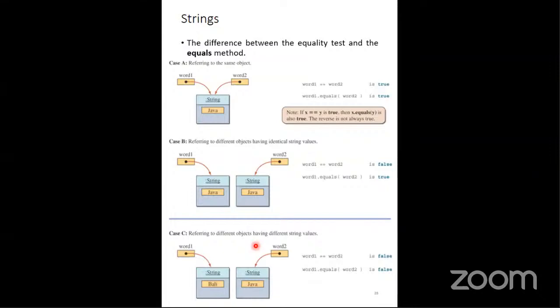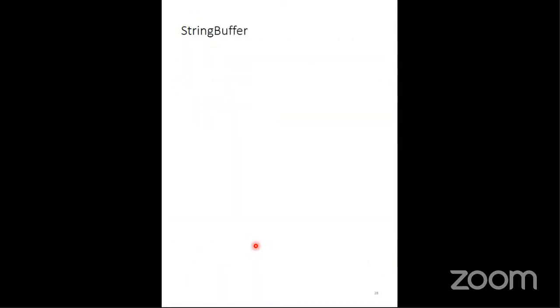It is important to understand that you can compare two strings with the equality operator and also with the equals method, but they are two different ways. Okay, let us move further.